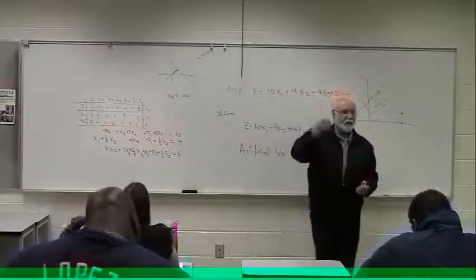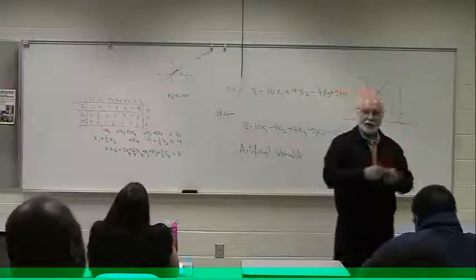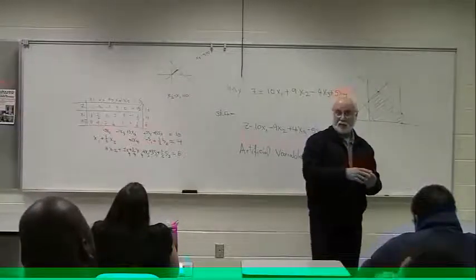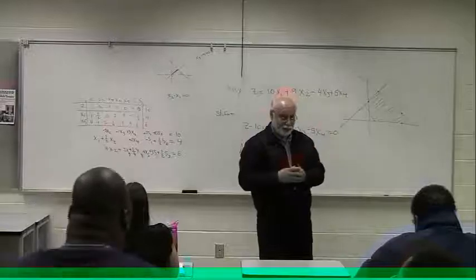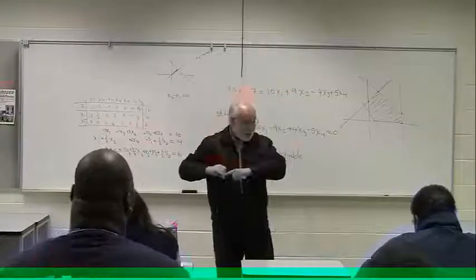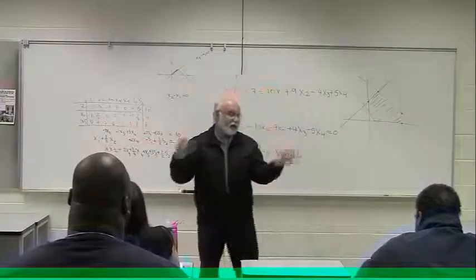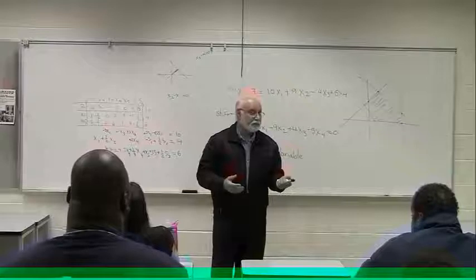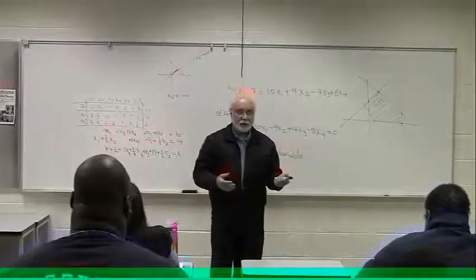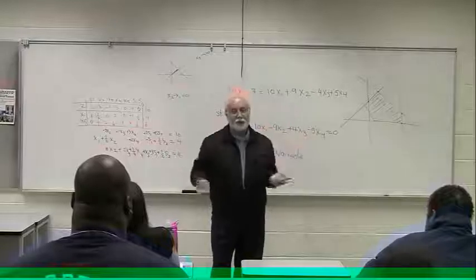Now, when we have a less than or equal sign, we can add slack variables. When we have a greater than or equal sign, we subtract those variables. If we have equal, what do we do? Nothing. It is already equal.